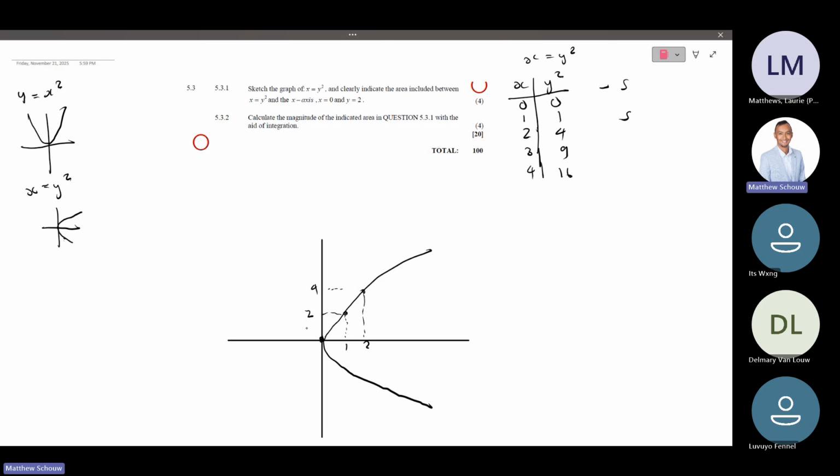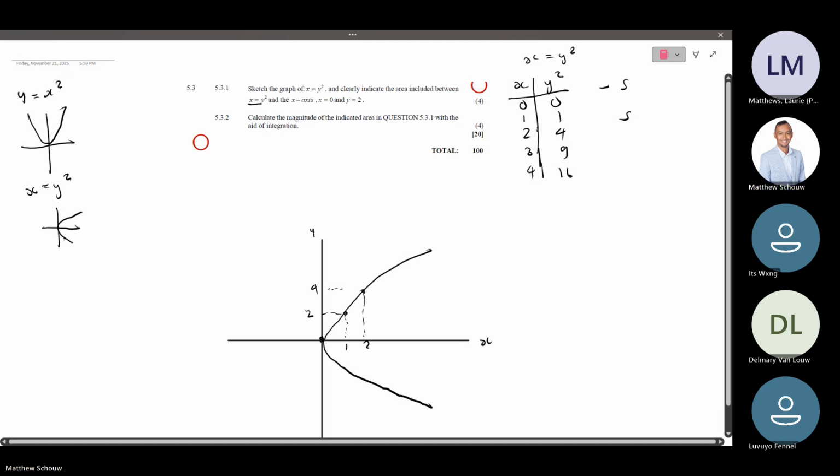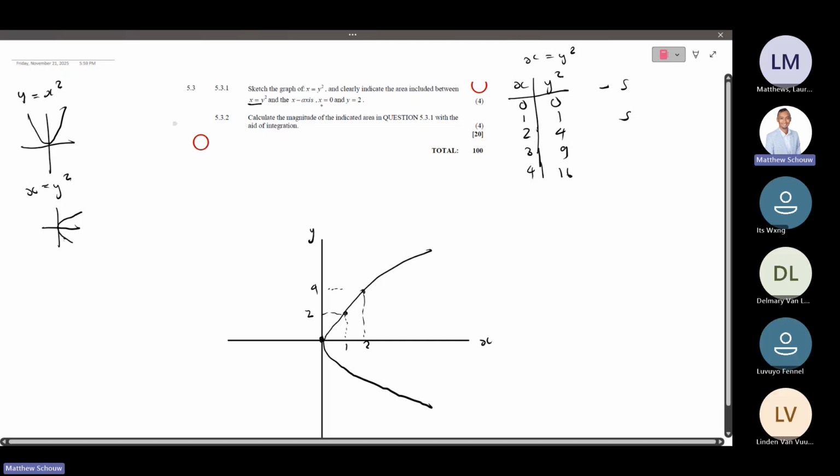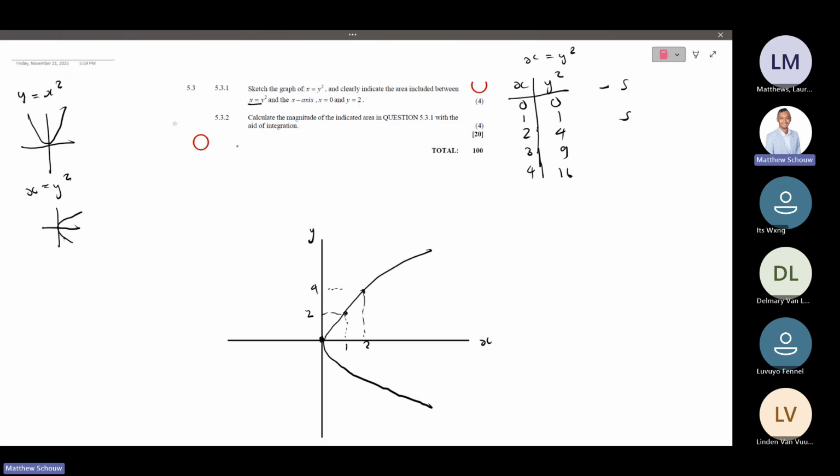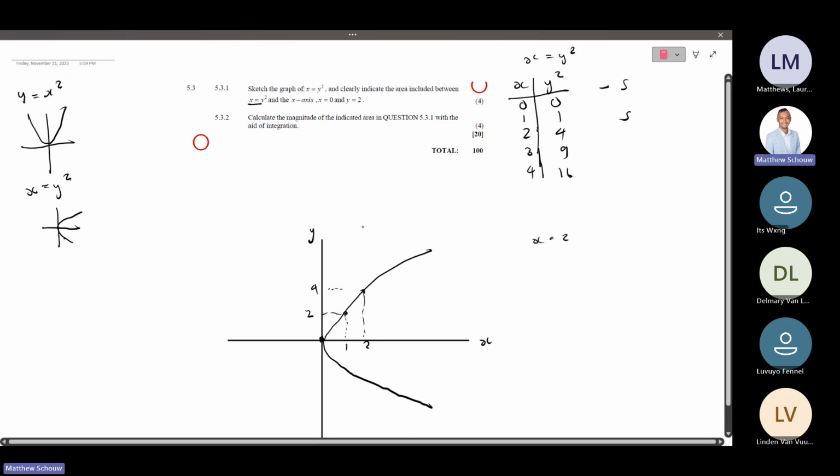Then we need to indicate the area between this graph and the x-axis. The x-axis is this. x equals 0 is over here, and y equals 2. If y equals 2, the line will just go straight across like that.